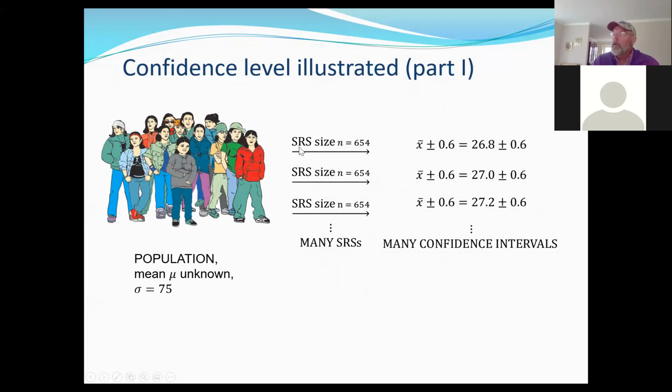A simple random sample with the size of 654 is one sample. We could take another sample, a third sample, all the way up to many, many samples. And those many sample means can be put into a distribution.